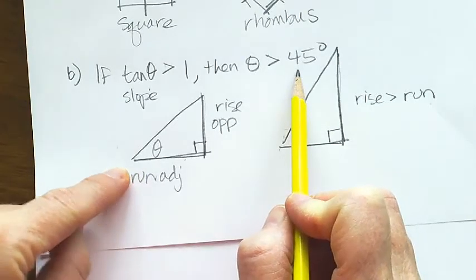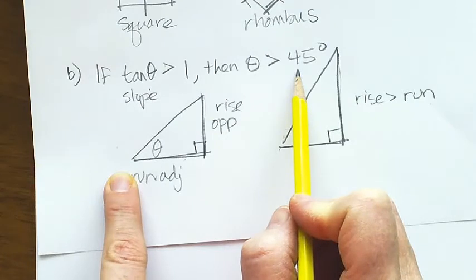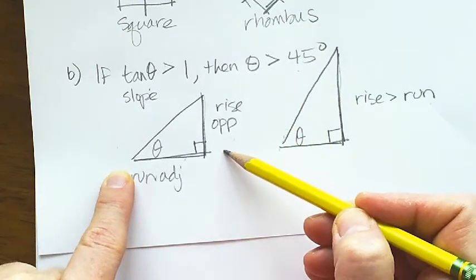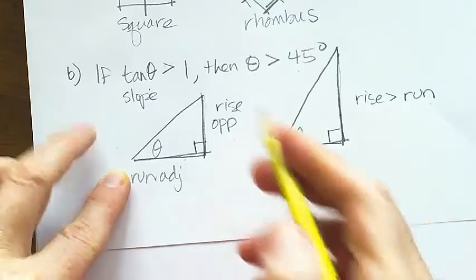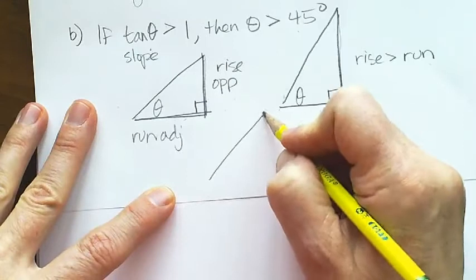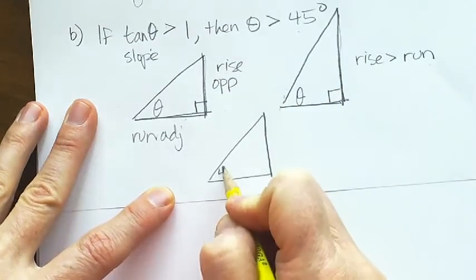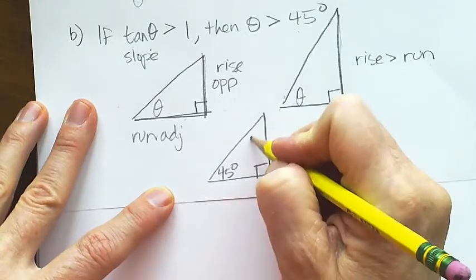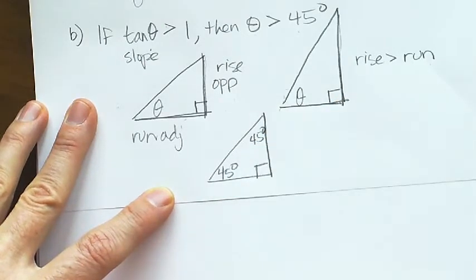Well, think about it. I don't know if you remember when we did that chart and it had all the angles and an example of the slope of each angle. If you have an angle of 45 degrees and you're looking at the slope, then you're looking at a 45, 45, 90 right triangle.